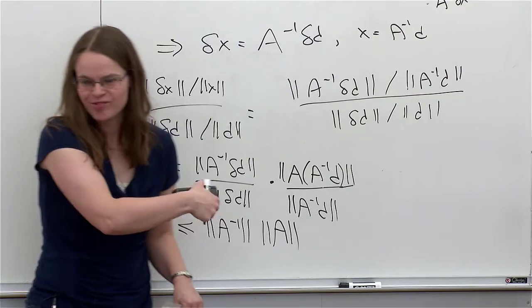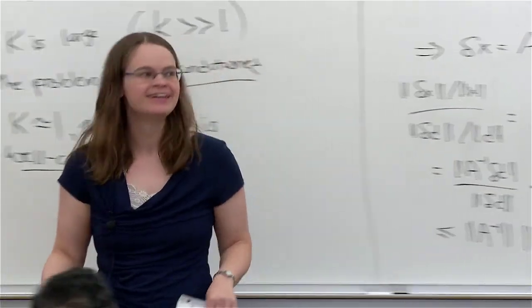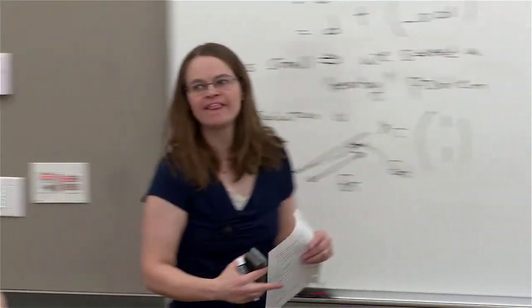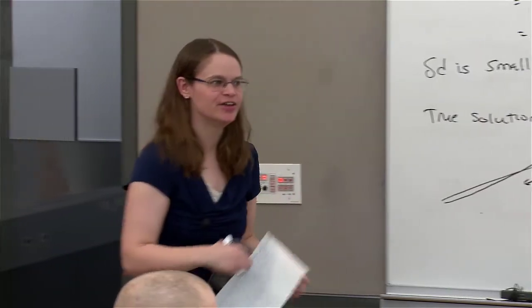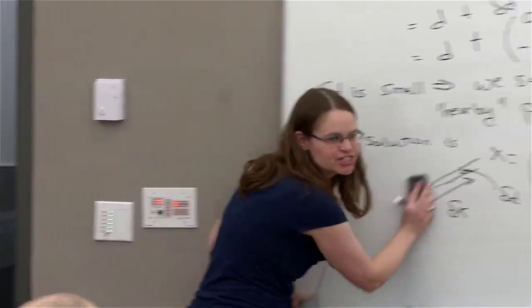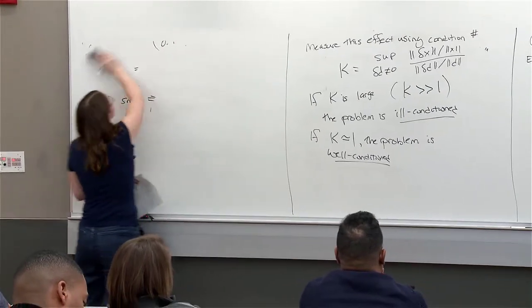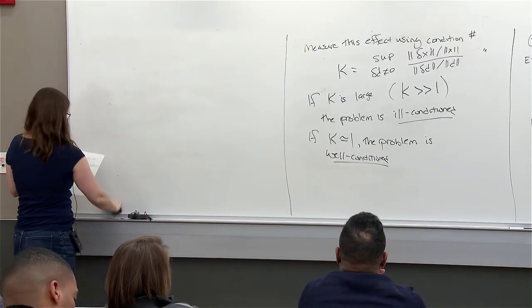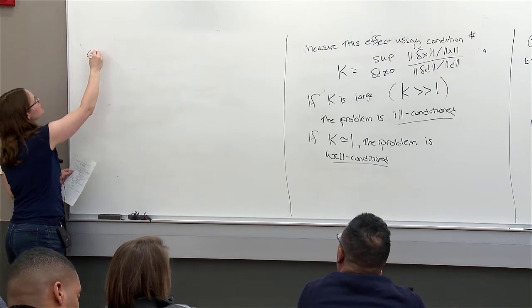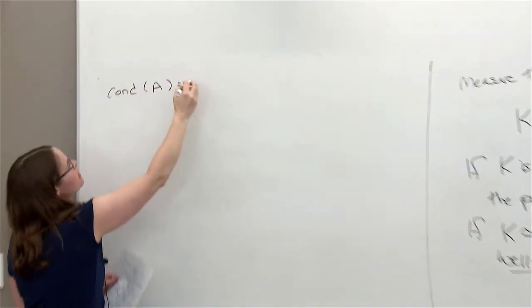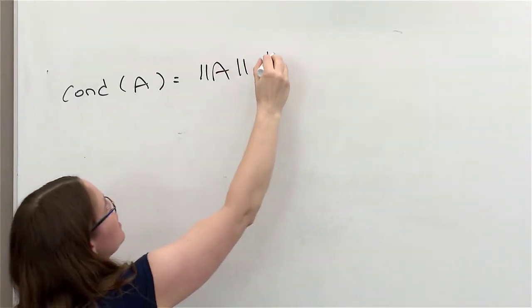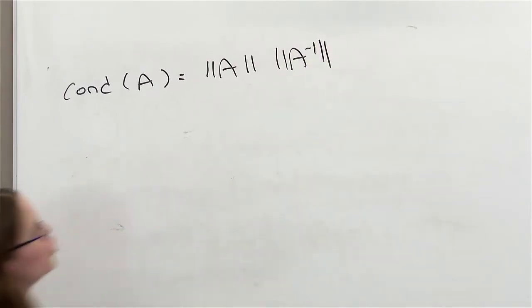Does this make sense when I put in the simplest thing? If it comes back and tells me that the identity matrix is ill-conditioned, then you might need to work on your definition. So for a matrix, the condition number of A is the norm of A times the norm of A inverse.